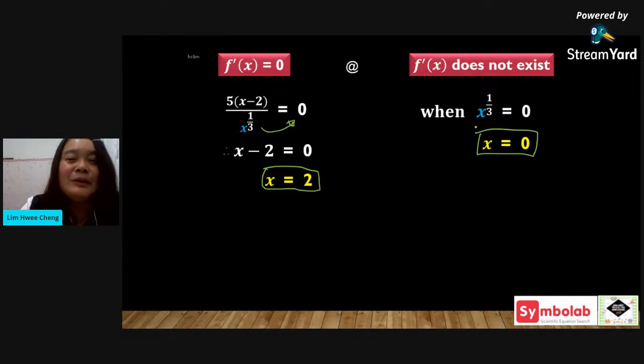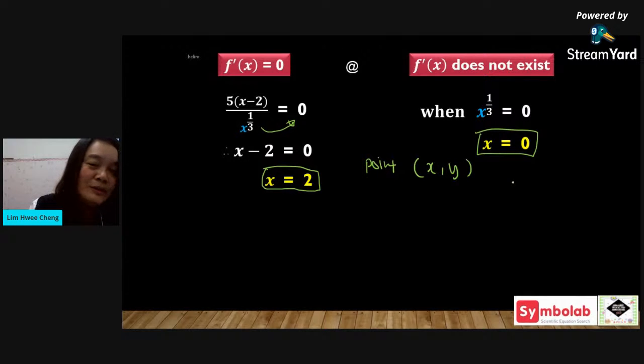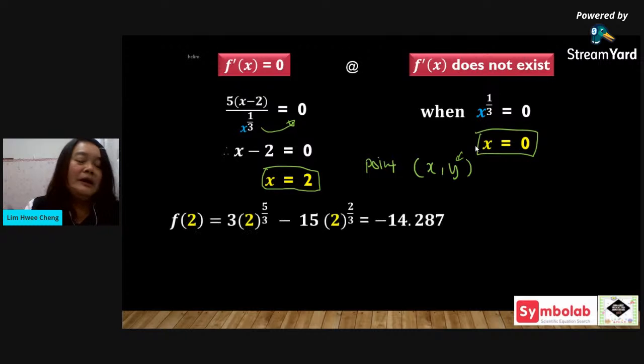Class, the question said I want the critical point. When we say point, it must have an (x, y). So you must find your y. Where? You have to substitute into the function. Be careful.